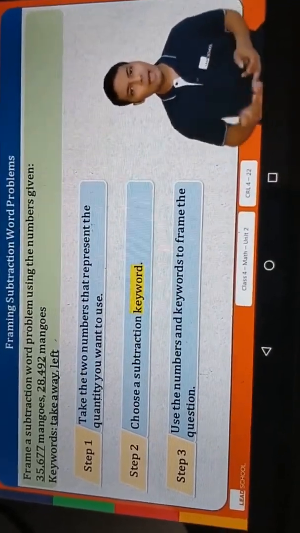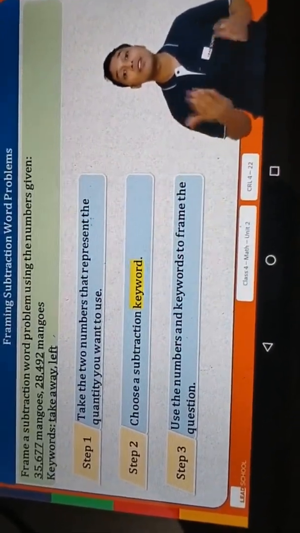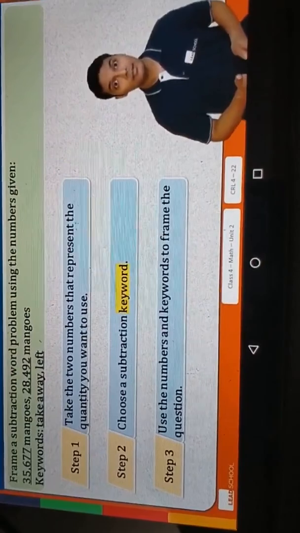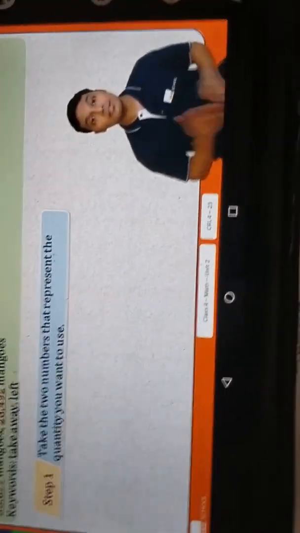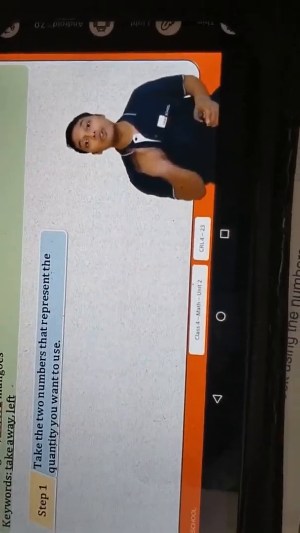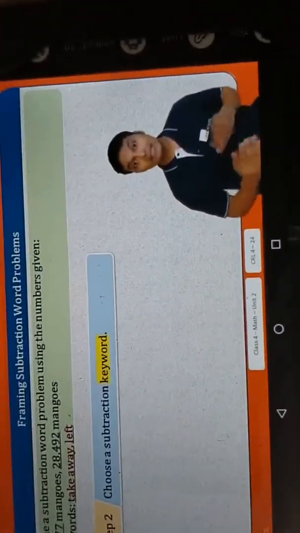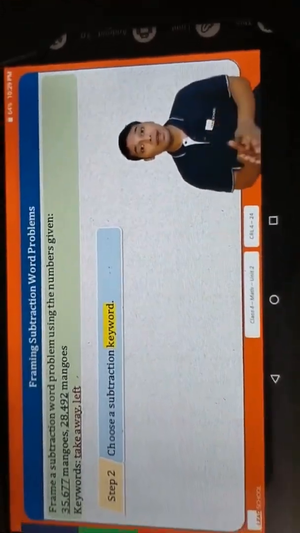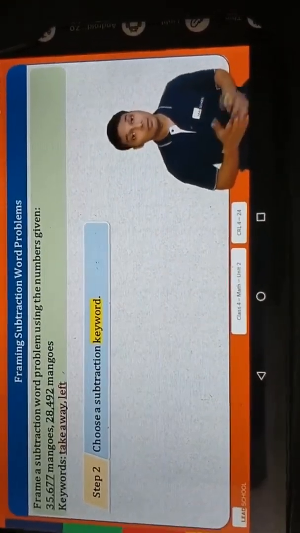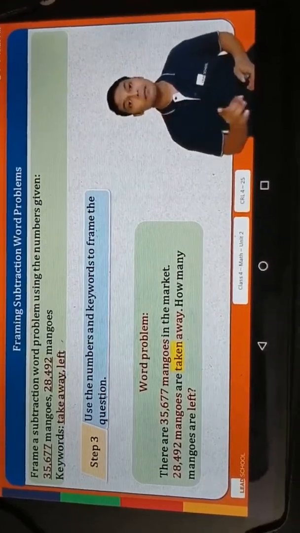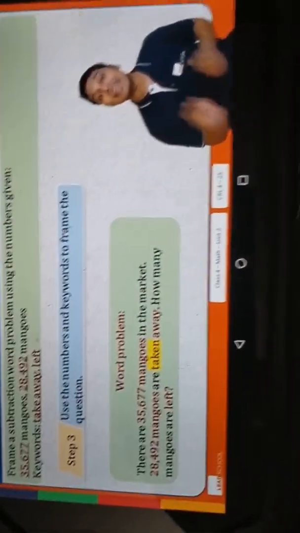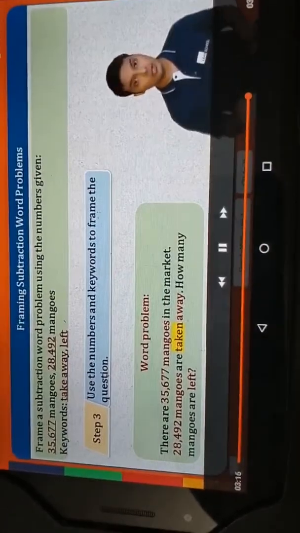Let's quickly recap the steps of framing subtraction word problems. The first step is to take the two numbers that represent the quantity you want to use. The next step is to choose a subtraction keyword. The final step is to use the numbers and keywords to make a question.